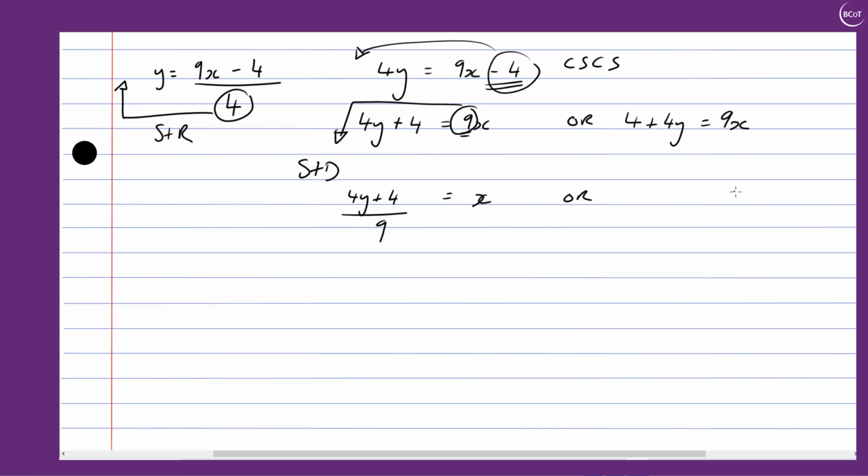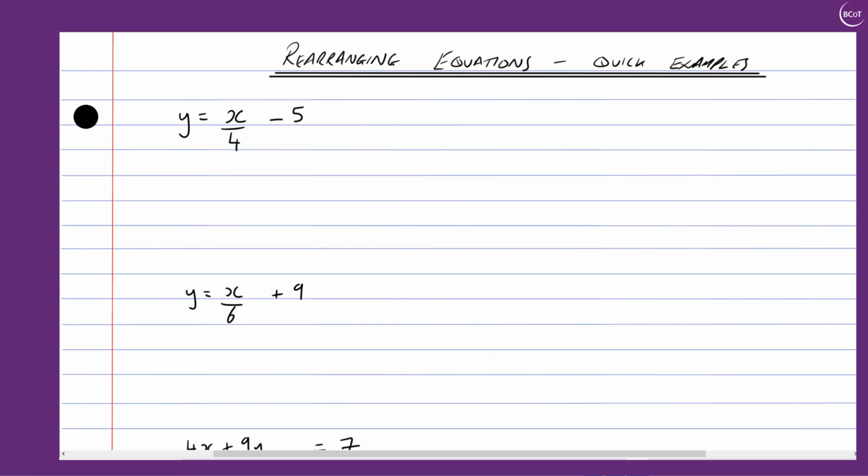Or we could have written it as x is equal to 4 plus 4y over 9. They're both correct. You can use either. So if you want x on the left-hand side, which doesn't matter, you could write x on the left-hand side instead. All of these are correct.